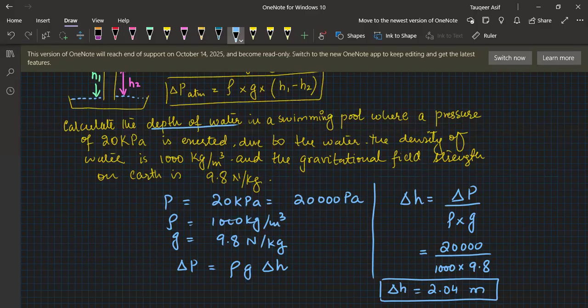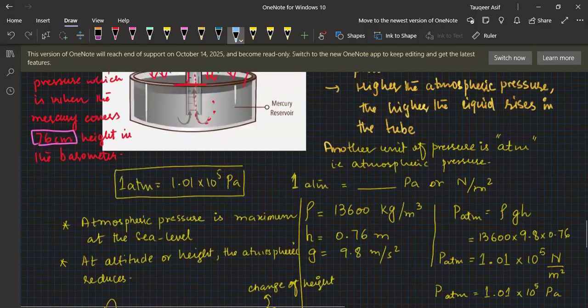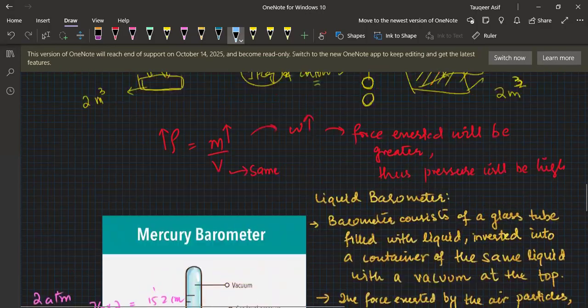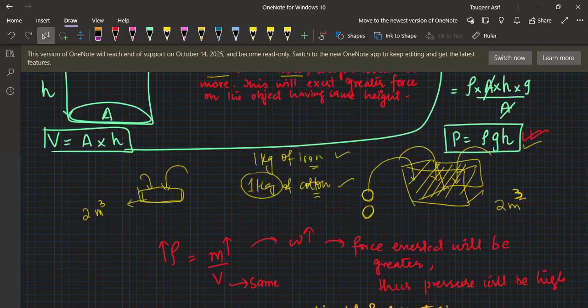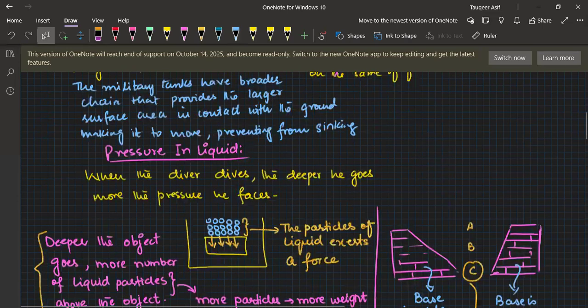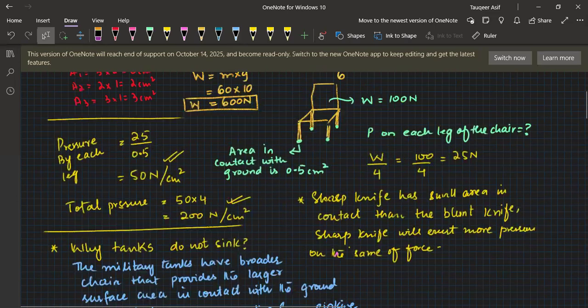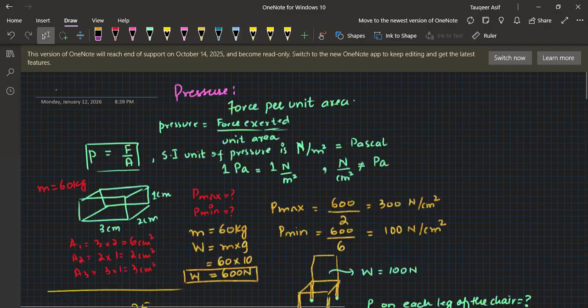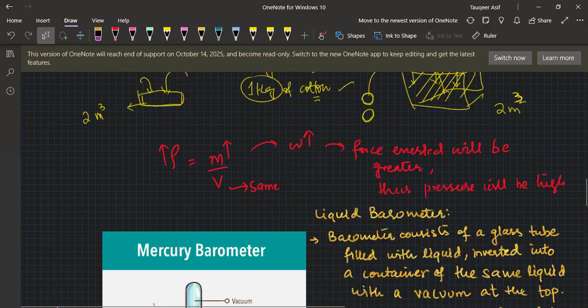Did I talk about the conversion from liter to meter cube? You remember? 1 liter equals how many meter cube or centimeter cube?